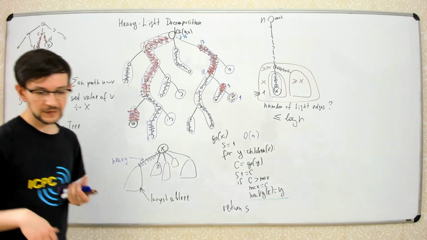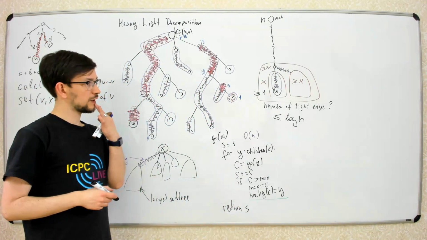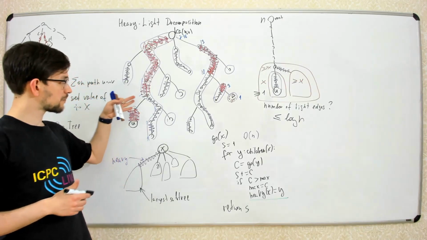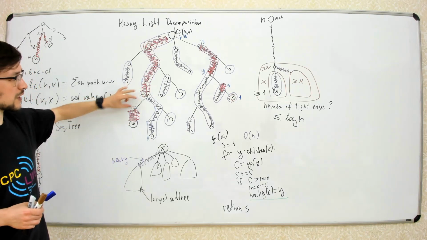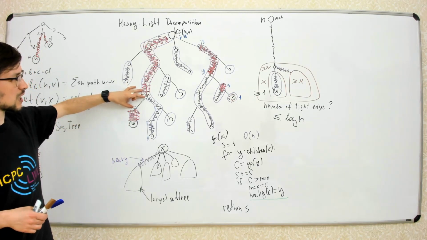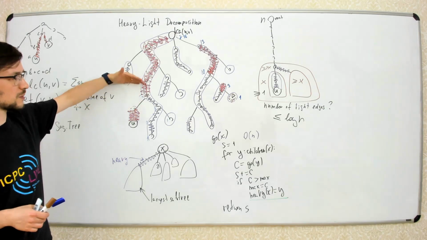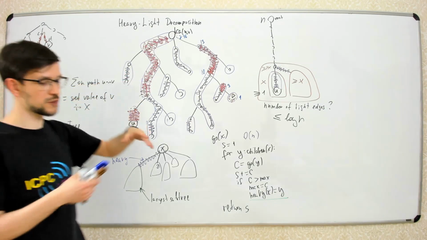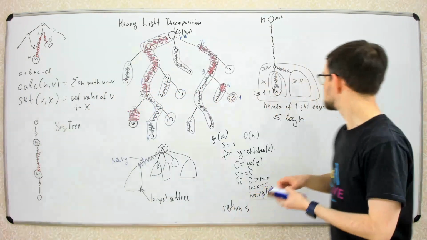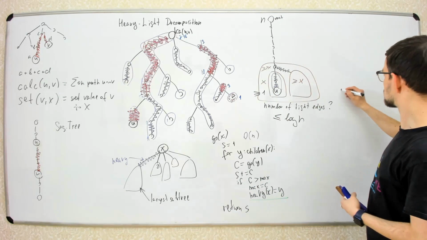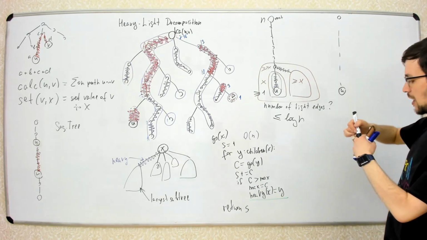Good. Now, how will it help us to calculate the number of heavy paths? It's quite simple. If you look at the light edges, these light edges are simply the border between two segments of different heavy paths. So if you look at the path from u to the root, you have these light edges, and all other edges are heavy. Some edges are light, some edges are heavy.